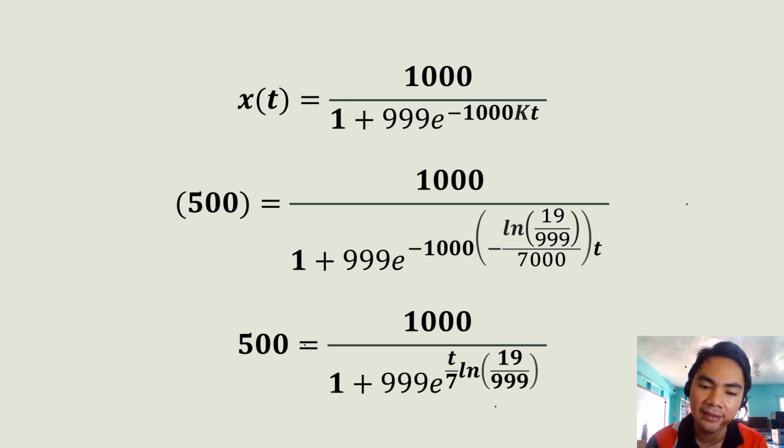By this, we simplify. Okay? Negative 1,000 over 7,000 is 1 over 7 times negative 1 times t is negative t. Wherein it is also multiplied since there is a negative in the parenthesis. So, it is still positive.